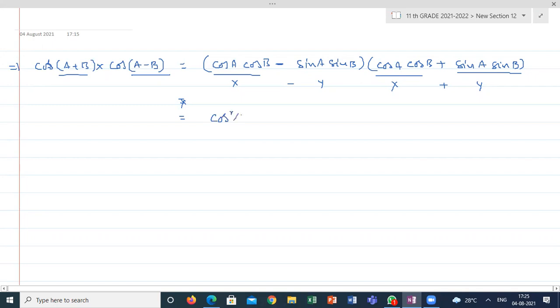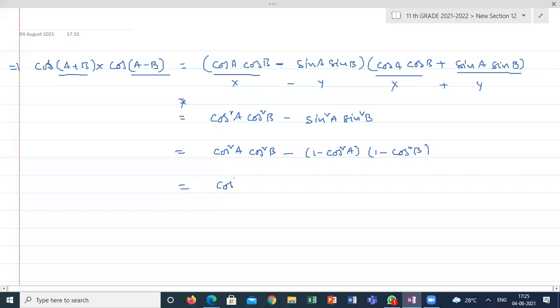No, sir. This is cos square a into cos square b minus sin square a into sin square b. So if I want everything in cos, square a into cos square b minus 1 minus cos square a into 1 minus cos square b.